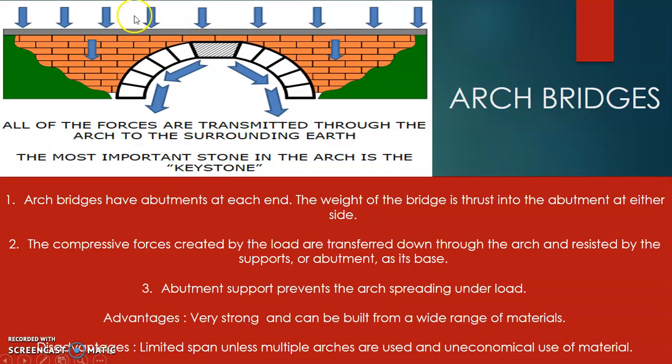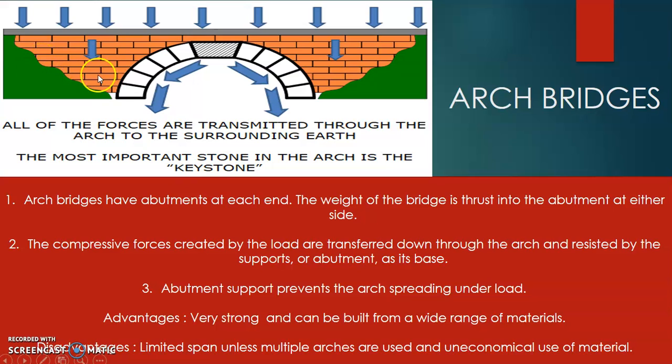So the force distribution is compression at the superstructure side, and then it goes to the arch, and the arch distributes it to the abutment. So this abutment contributes to the stability.